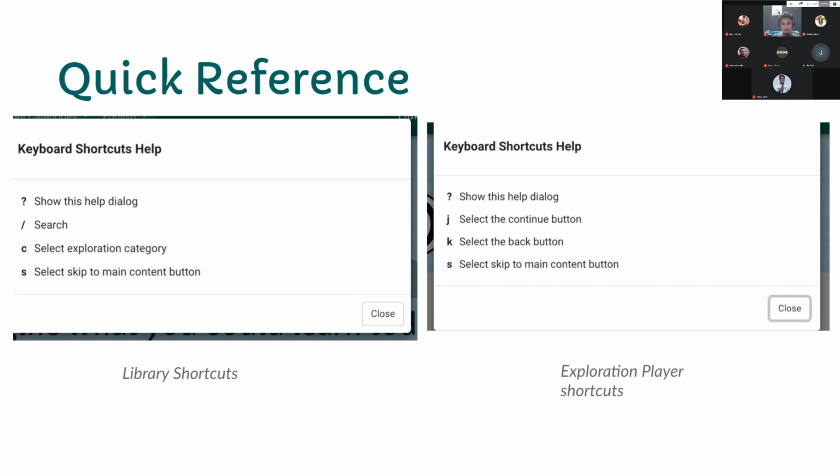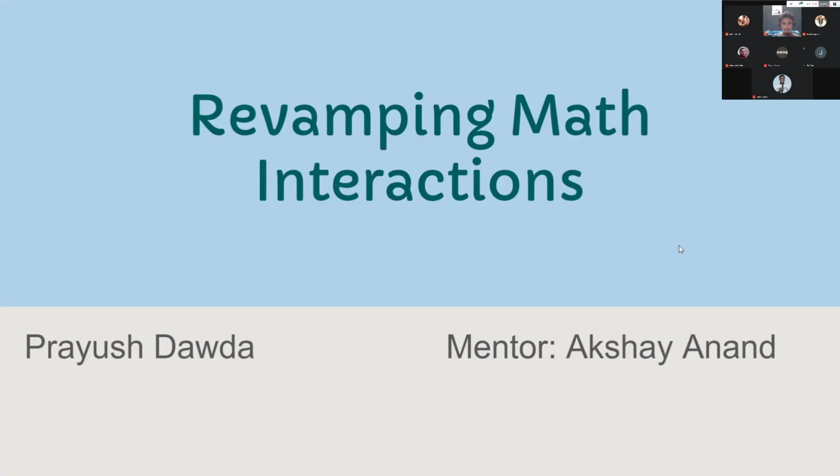And for the exploration player, J will go to the continue button for the next card, and K will be the back button. And you can always pop these modals up by just pressing question mark in either the library or the exploration player context. Next slide, please. Oh, and that's all.